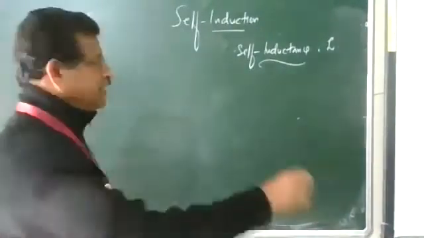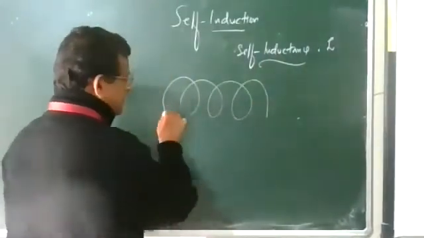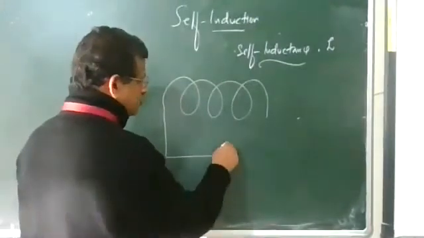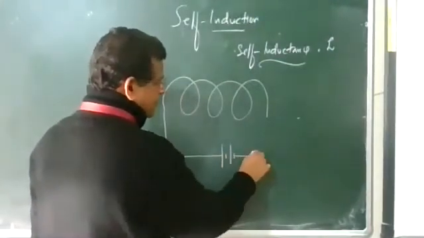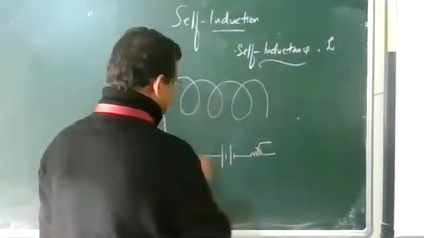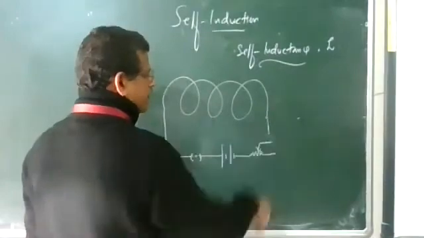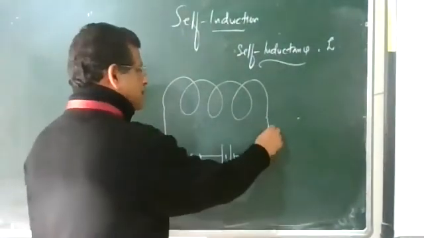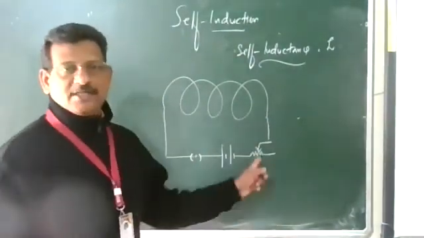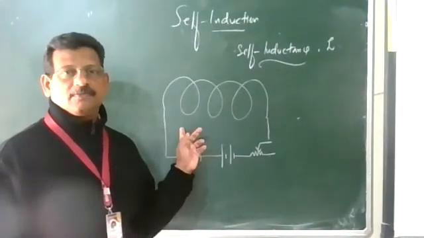For self-induction, you can take a coil, a solenoid, and connect it to a battery, a rheostat, and a key. By adjusting the rheostat, you can change the current in the circuit. This is the coil.